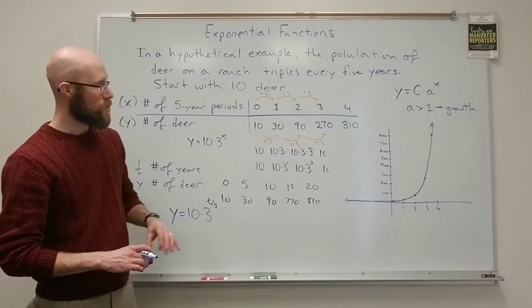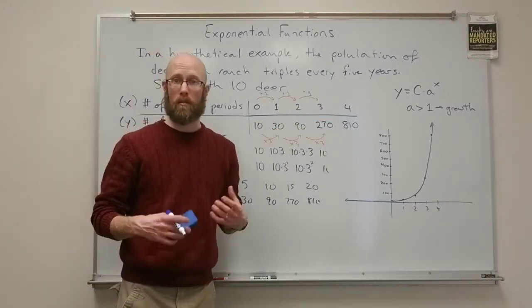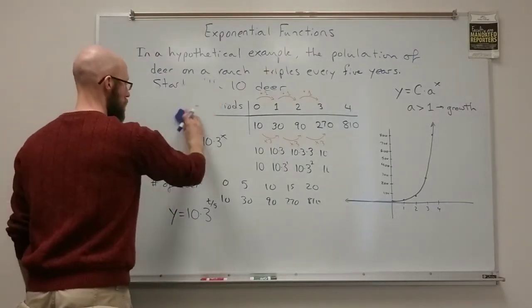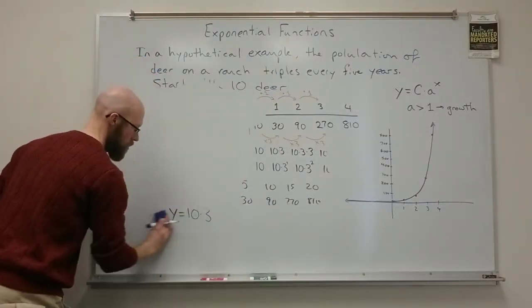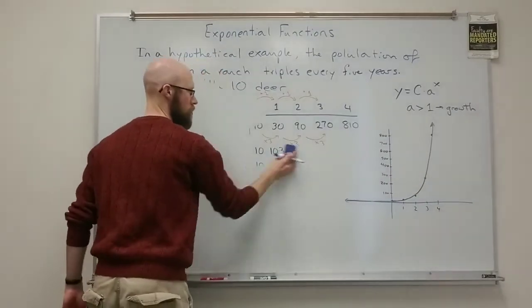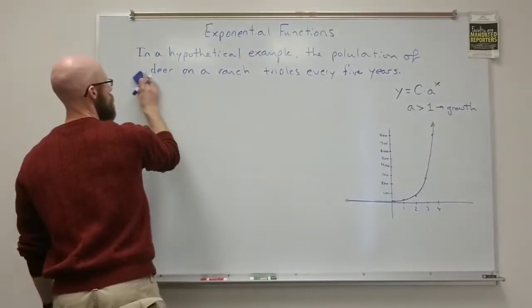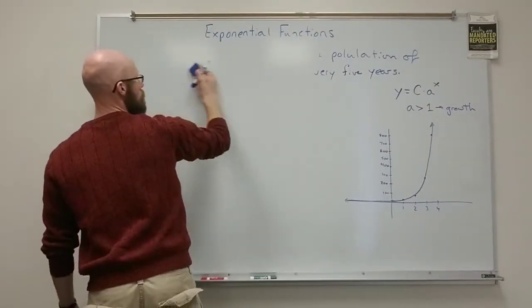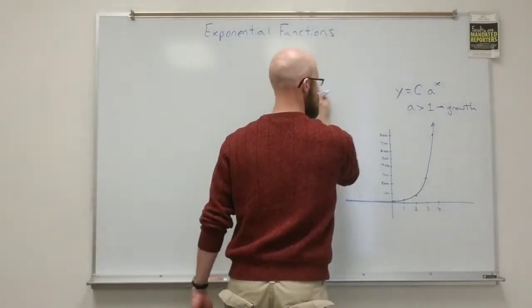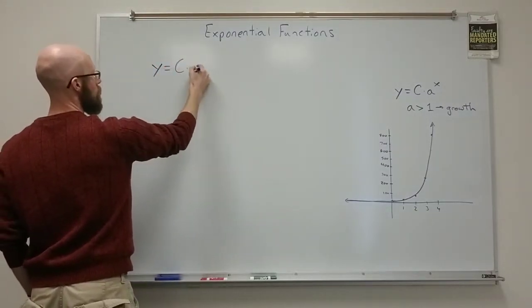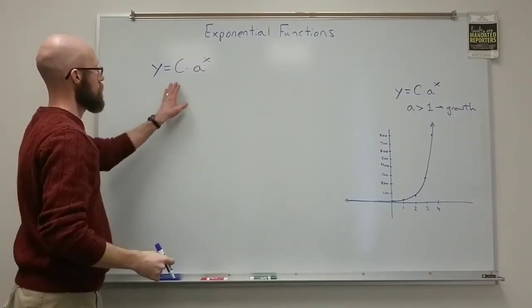Now, a couple other features of an exponential growth, the domain and the range. Let's take a look at those for a moment. In fact, I'm going to go ahead and erase this hypothetical situation. Let's just look at the idea of an exponential in general: c times a to the x.